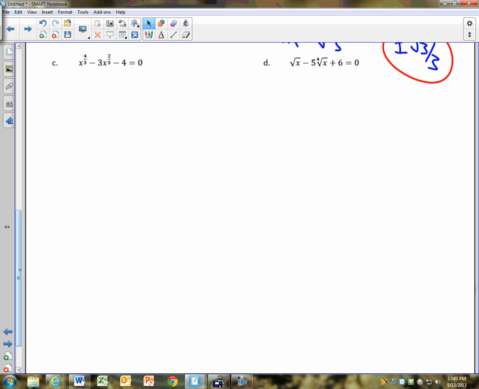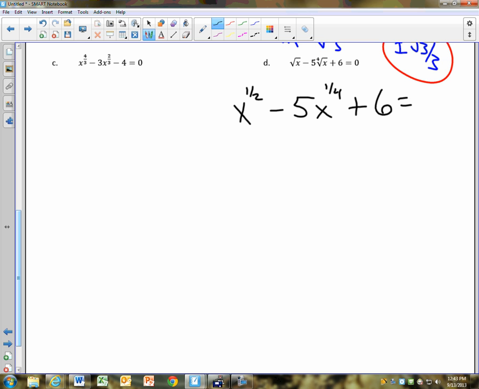Okay, so I'm going to rewrite this instead of the square root of x. I'm going to rewrite it as x to the 1/2 minus 5x to the 1/4 plus 6 is equal to 0. It is 1/2 twice 1/4. Yes, so therefore it has quadratic form.